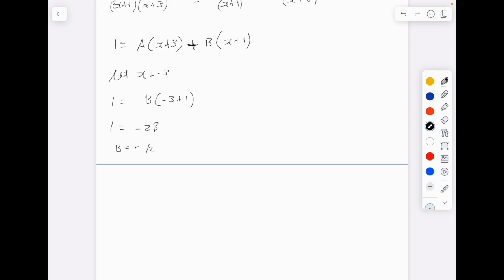Brilliant. Meanwhile, if we let x equal minus 1, then 1 is equal to 2a, a is then equal to a half. Okay, cool.